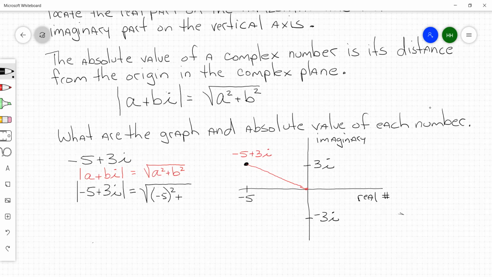So it's negative 5 squared plus 3 squared. So that gives us the square root of negative 5 squared is 25 plus 3 squared is 9, which is the square root of 25 plus 9 is what? 34? Radical 34.